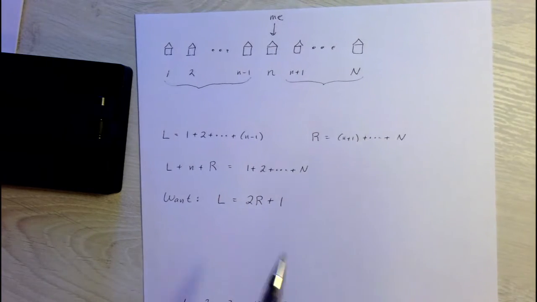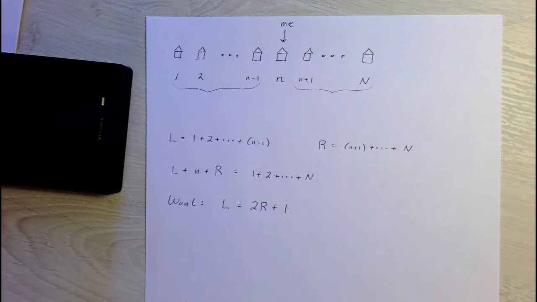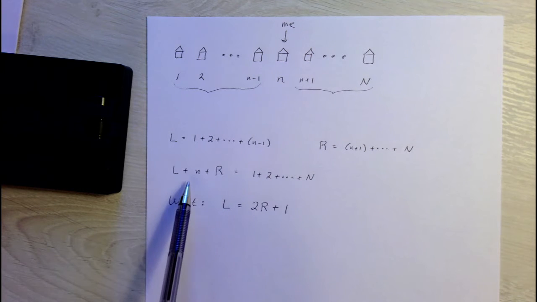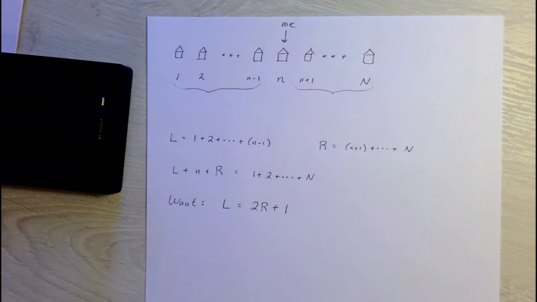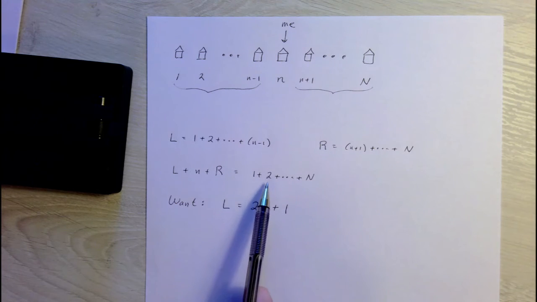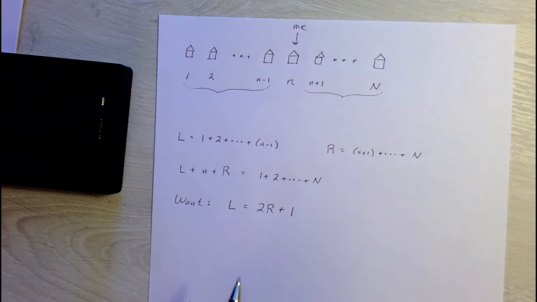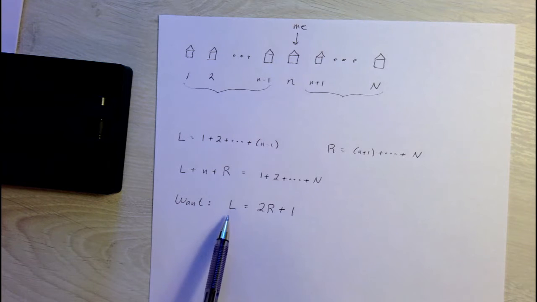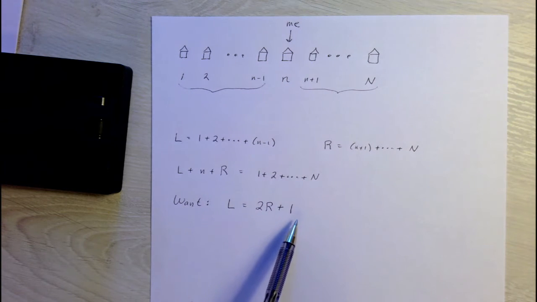So we can define L to be the left sum and R to be the right sum. Then obviously L plus n plus R is the sum of all the addresses of the houses on my street, so that's 1 plus 2 plus up to capital N. Now the puzzle says that L, the left sum, is one more than twice the right sum. So we have this equation: L equals 2R plus 1.